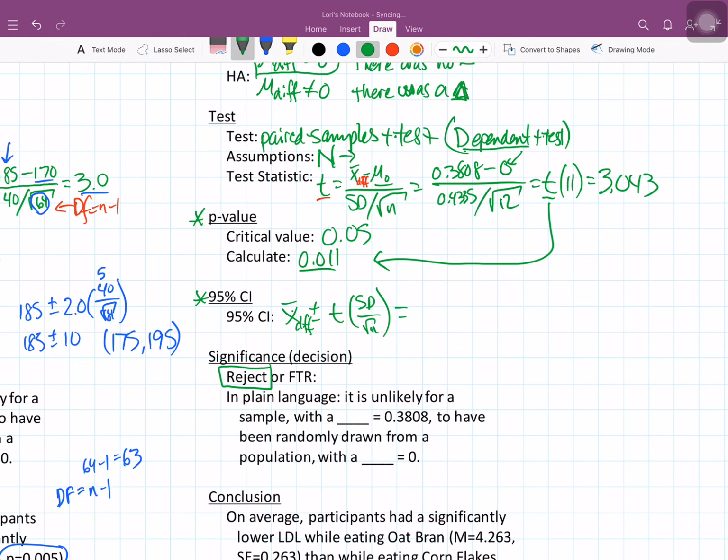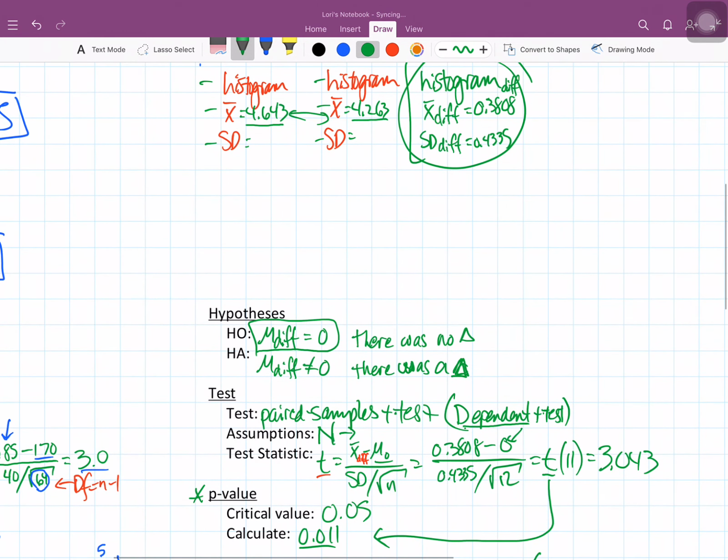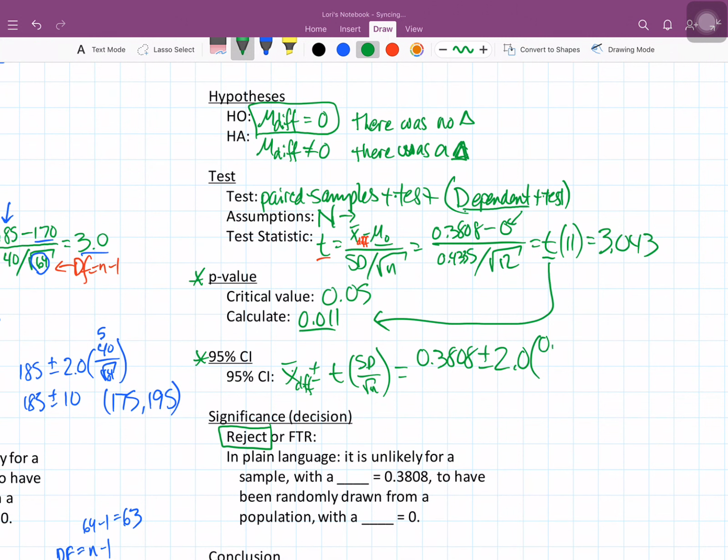And in this case, x bar of the difference, remember, is 0.3808, plus or minus the T statistic for that 95% confidence interval, which I believe is 2.0, multiplied by the standard deviation of the difference, 0.4335, divided by the square root of 12.